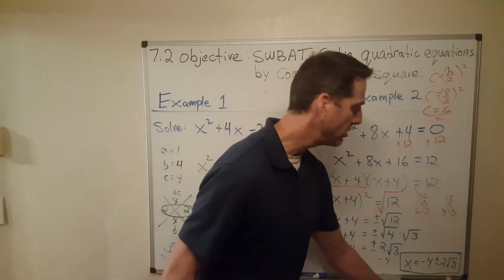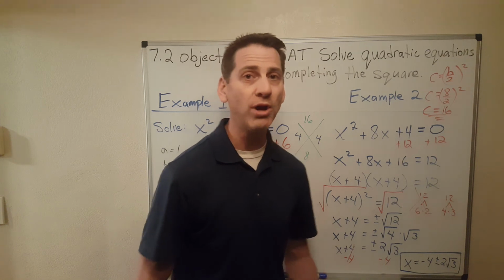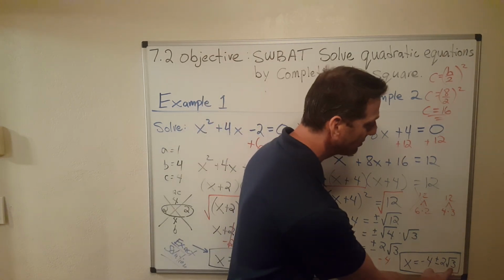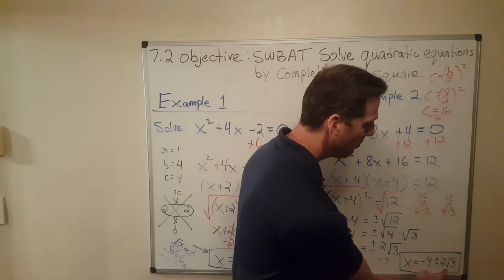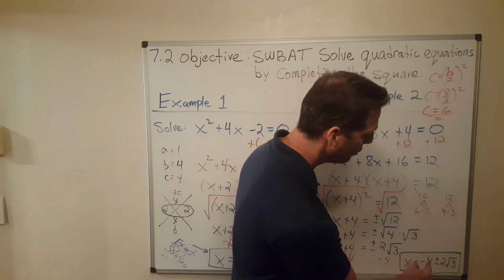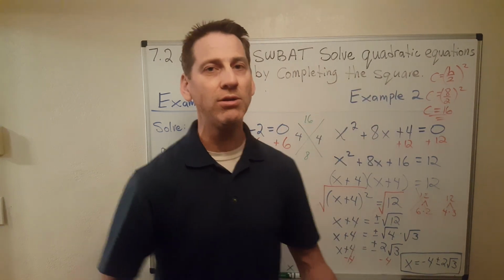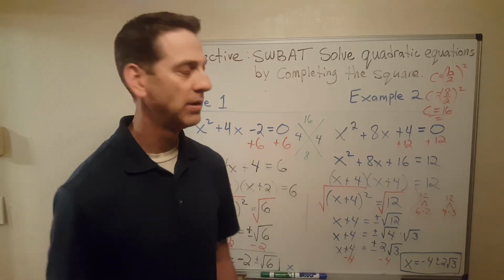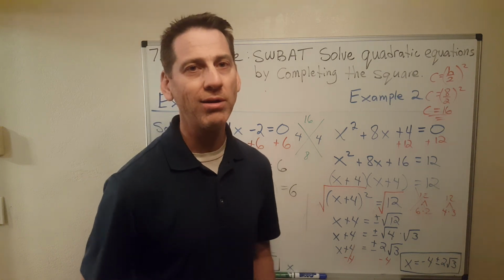That's the exact solution. Again, if you want to get a decimal approximation, just find out what's the square root of 3, multiply that by 2, and then either add it to 4 or do 4 minus that quantity, and you'll get your 2 decimal approximations. Okay, that's going to pretty much require a calculator.